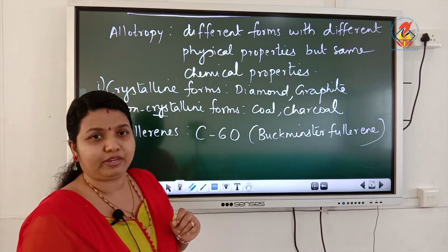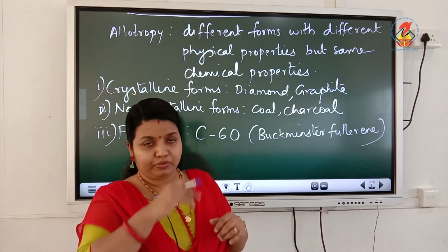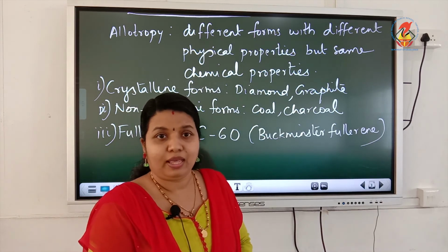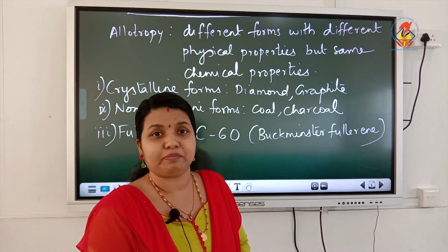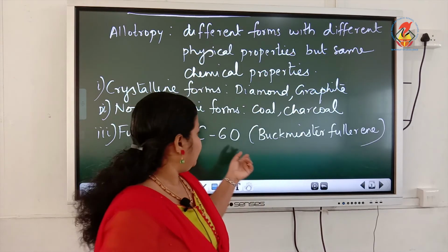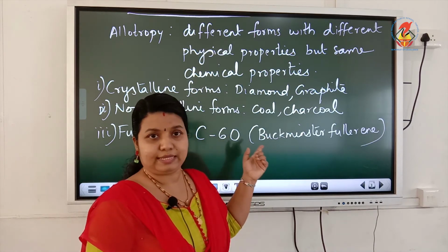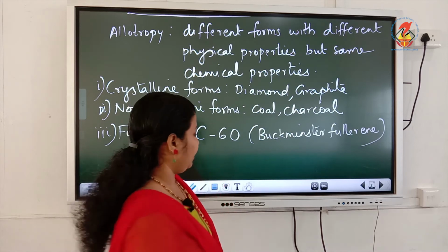The first identified fullerene was C60, where 60 carbon atoms were arranged in the shape of a football, and it resembled a geodesic dome designed by the US architect Buckminster Fuller, and in honor of this person, this compound C60 was named Buckminster Fullerene. Okay.